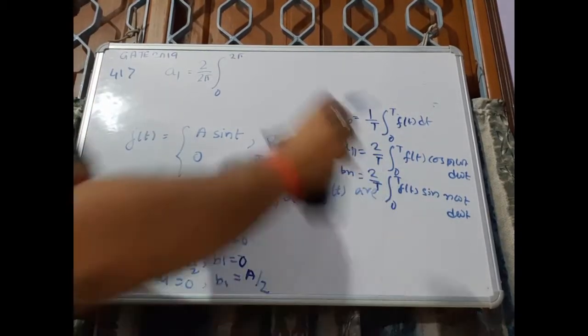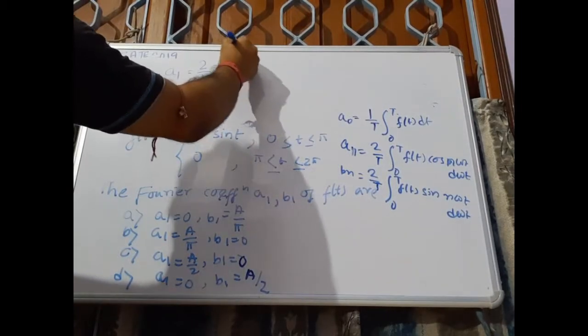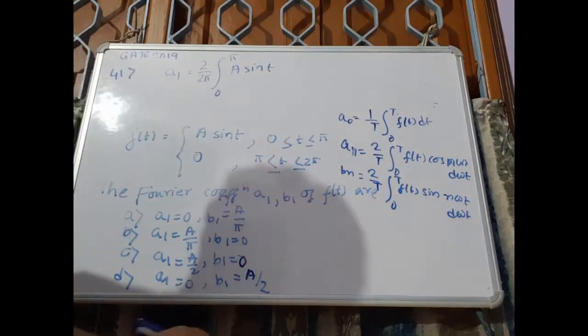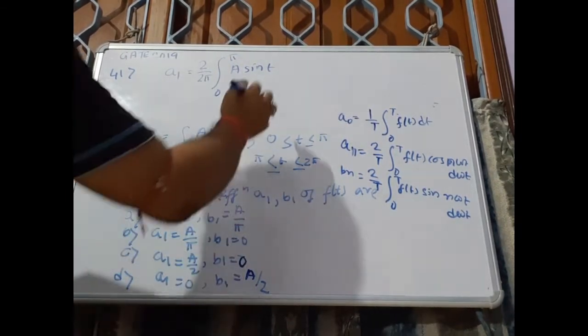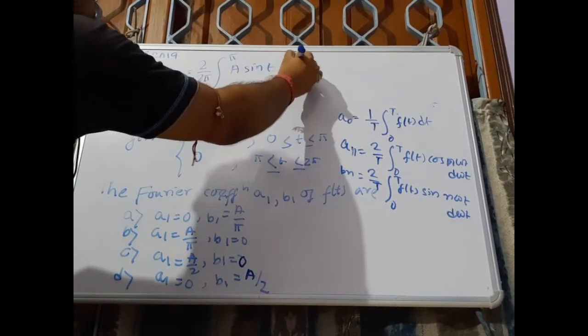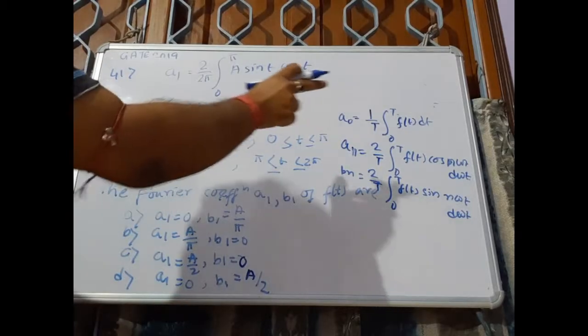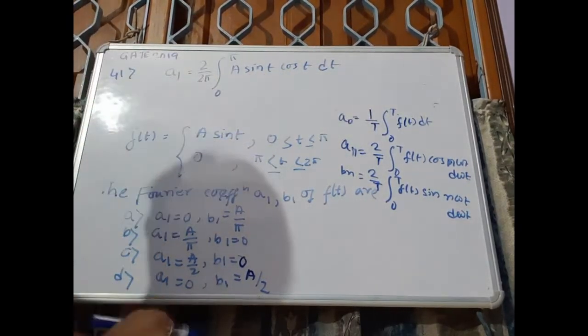First of all I need to take 0 to pi a sin t, omega equals 1 here, into cos t, where n equals 1 and omega equals 1, and this is dt.